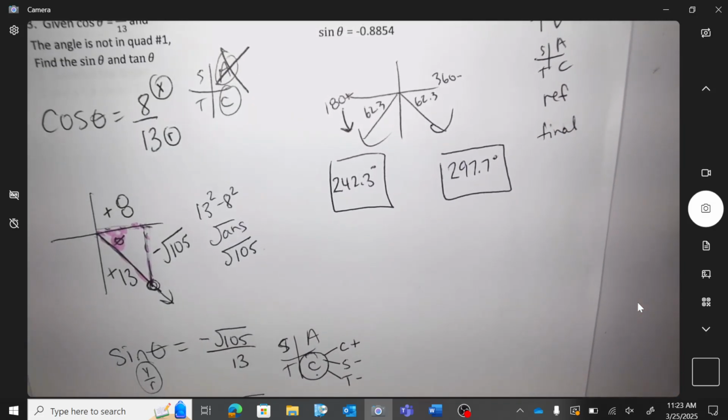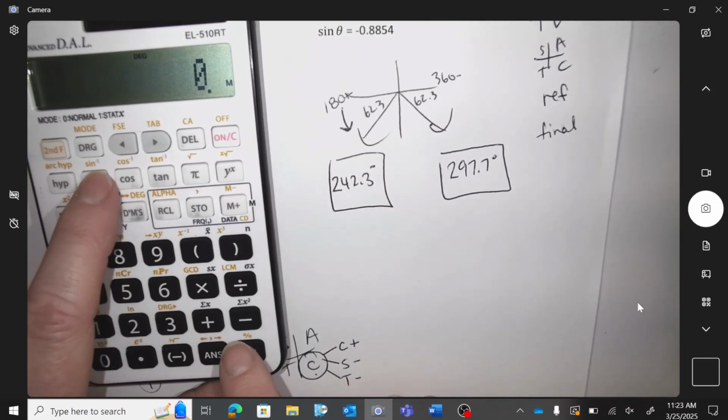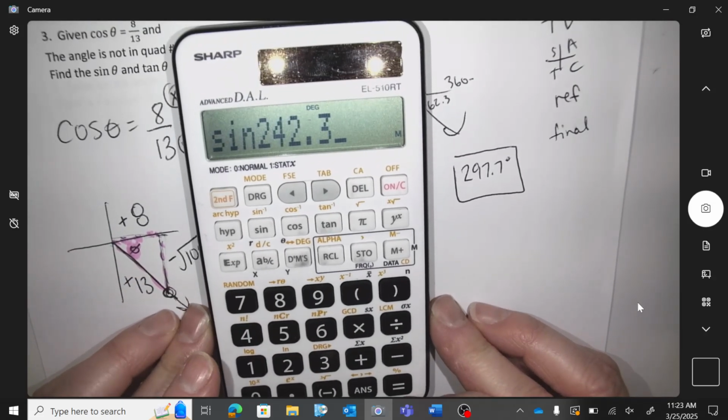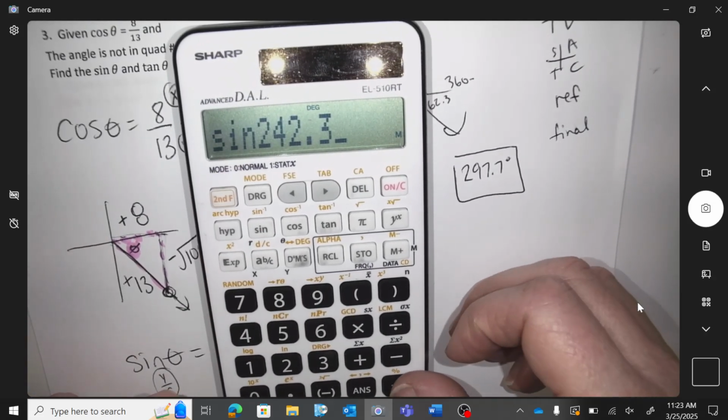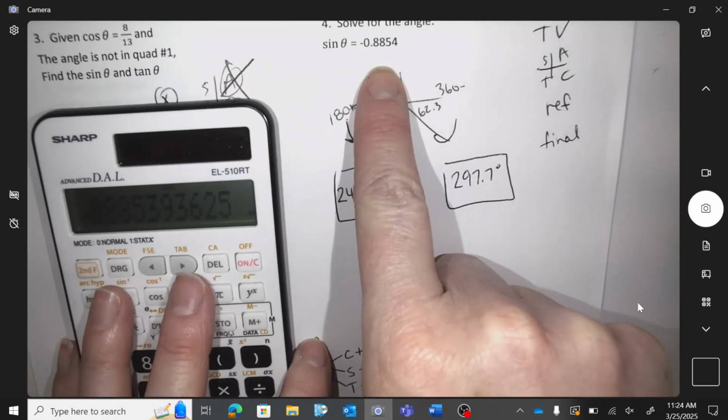Okay, on a test, what could I do? Check my answers. I could plug this number in, so I could go like sine 242.3. Okay, if that's my angle, it should equal, and there you go, that's my answer, right?